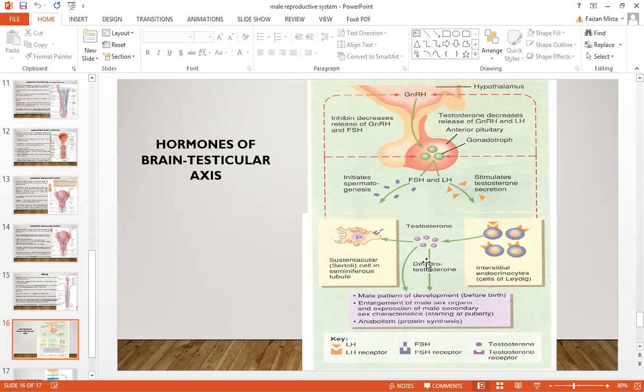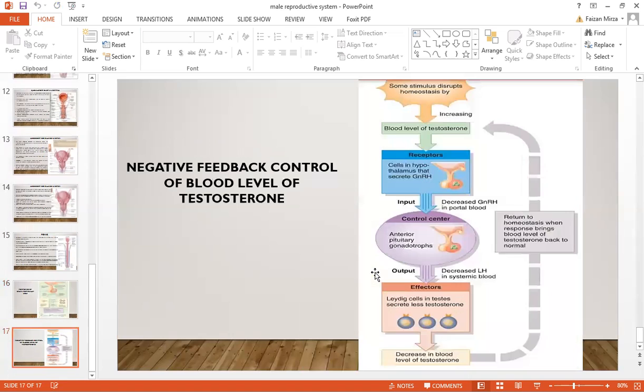Testosterone is then also converted into dihydrotestosterone. Dihydrotestosterone is required for the male pattern of body development before birth as well as after puberty. It includes all the male secondary sexual characteristics, which come because of dihydrotestosterone, a derivative of testosterone. Testosterone is controlled by negative feedback, as all negative feedbacks are.